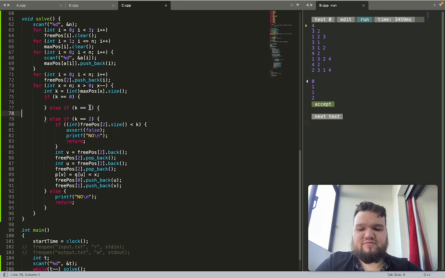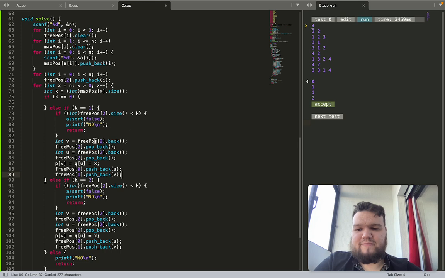What if we have one maximum? Well, then we have to take one free position and fill it for one of the permutations. For the other permutation, we have to then put x in some position that is free for that permutation, for example, in the position we have just filled with x. So we can just take one position and put x there for both permutations.